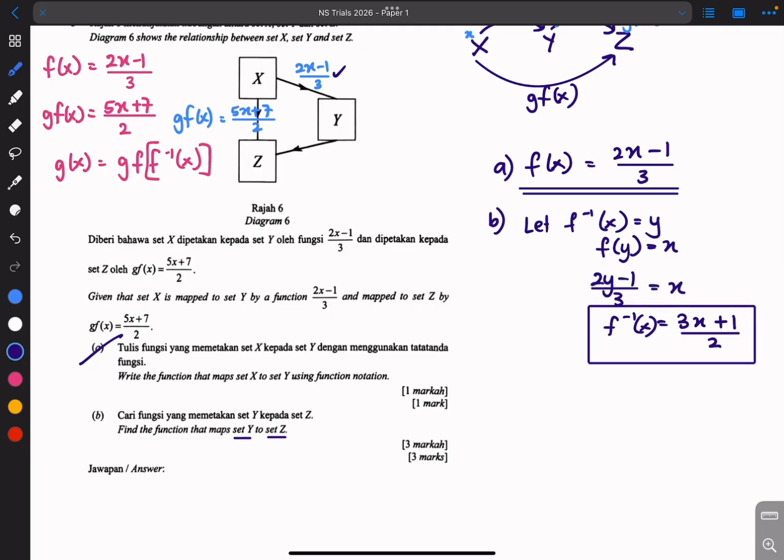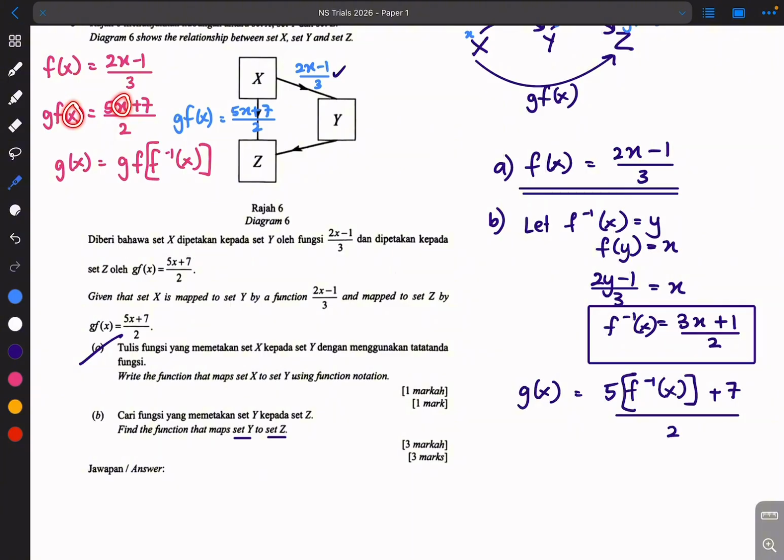Okay, now we need to find g of x. How to find g of x? We sub the f inverse into our g of f of x. So sub f inverse into here. 5 f inverse of x plus 7 over 2. Okay, we need to sub this x with f inverse.